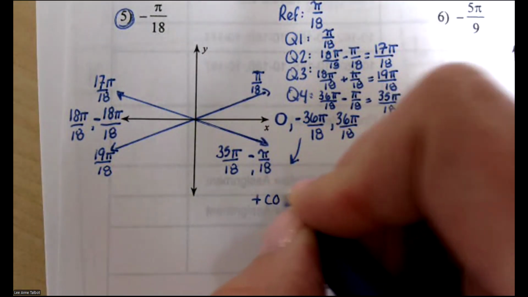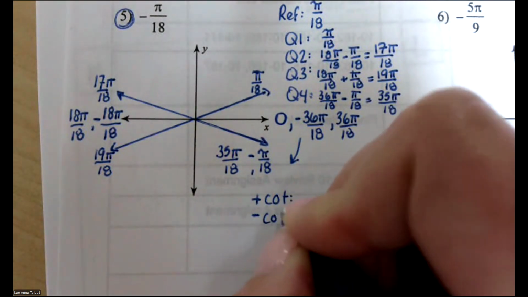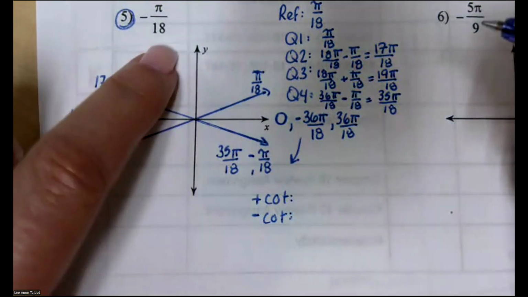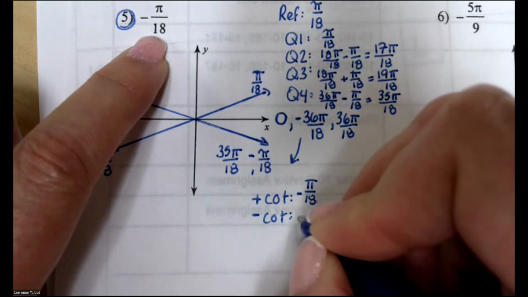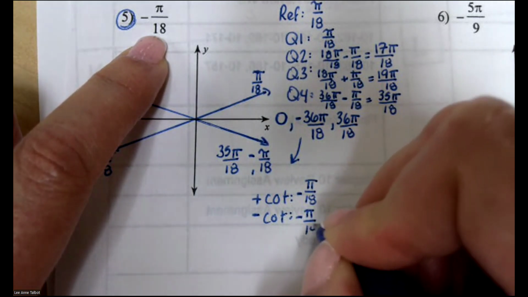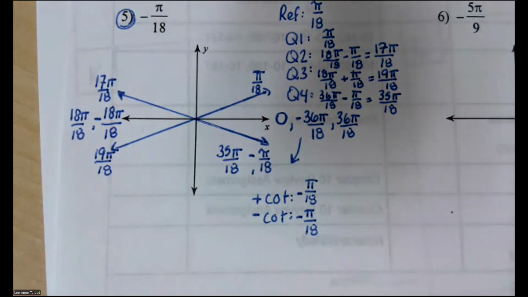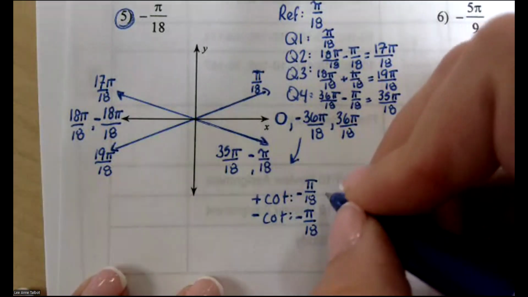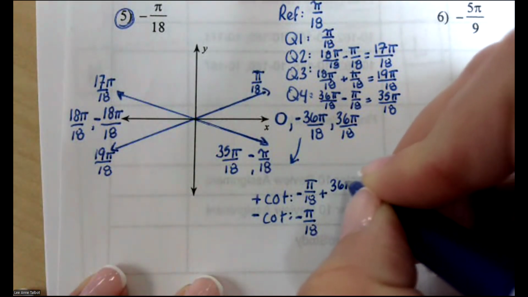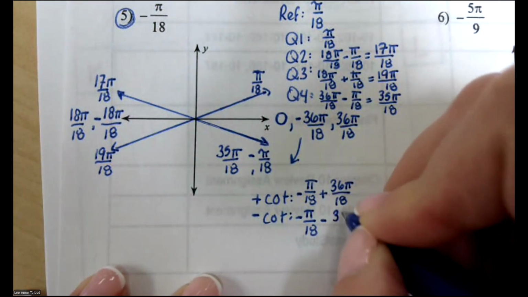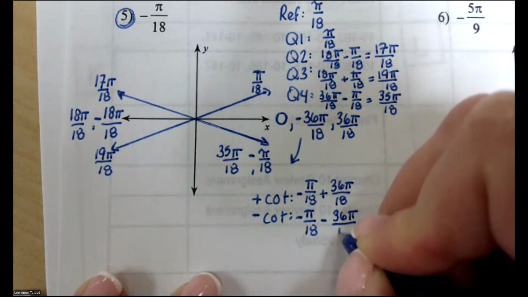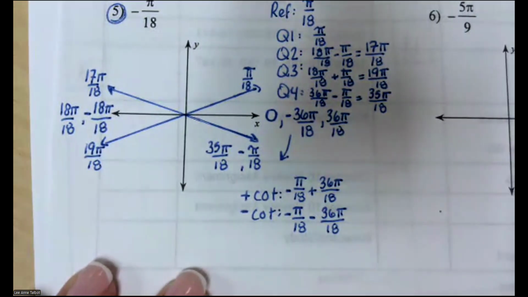Okay. Positive coterminal, negative coterminal. Okay, so you go back to the original angle. And for positive, you're going to add 360. 360 is 36 pi over 18. And for negative, you're going to minus 360.